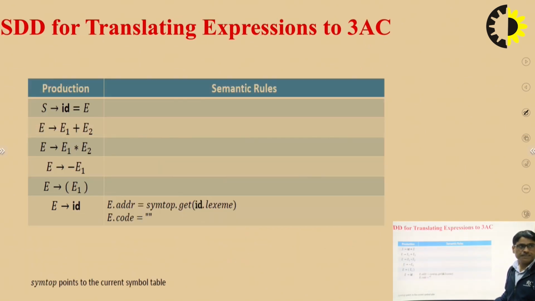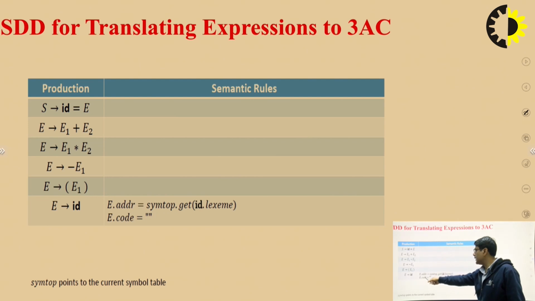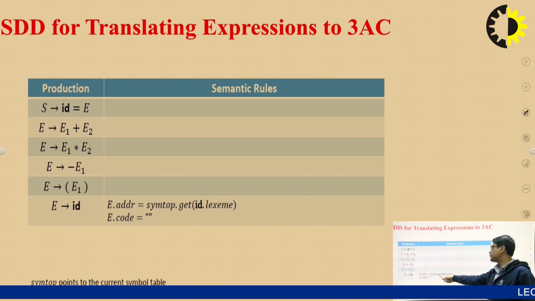Now like this, E produces ID, the single semantic action that is translating expression. Basically this is the assignment statement. So E produces ID. If you are writing in this form, E.address equals symbol top. Sim top points to the current symbol table where it is stored. Sim top dot get ID comma ID dot lexeme.